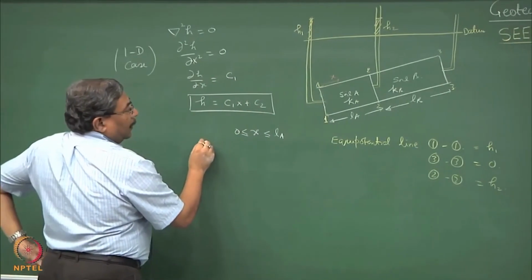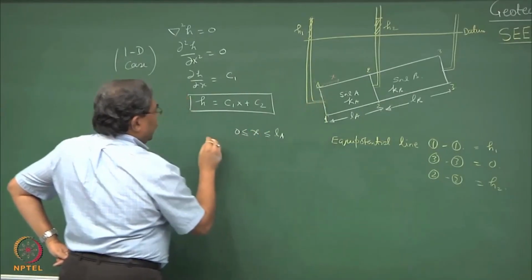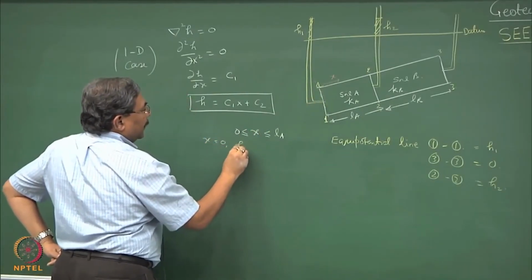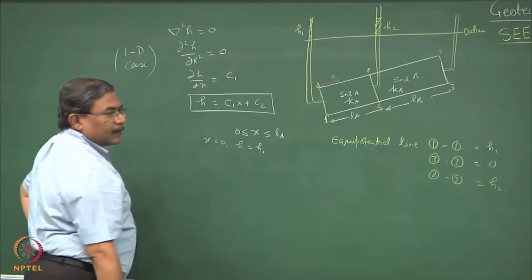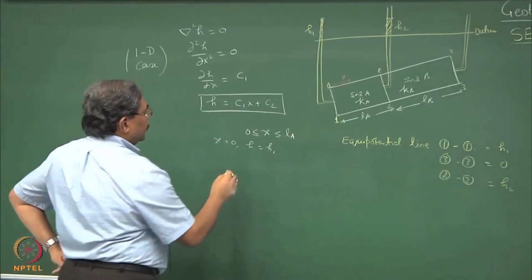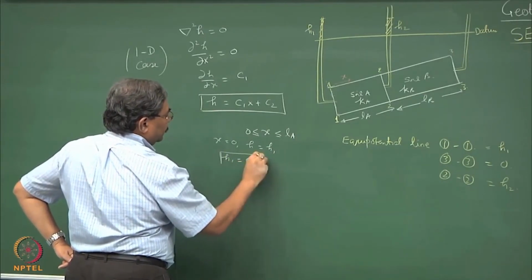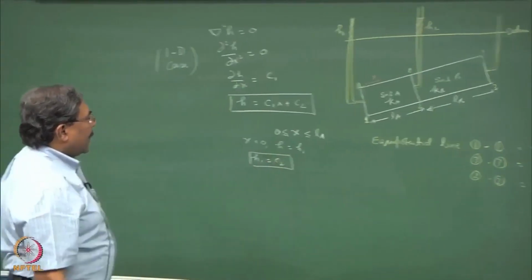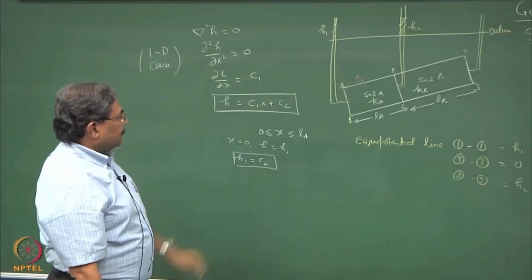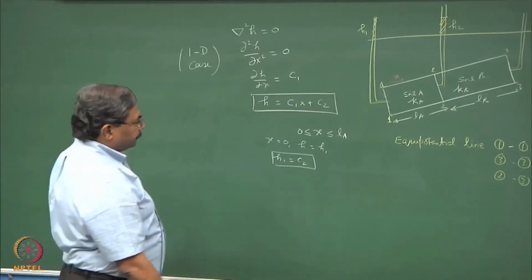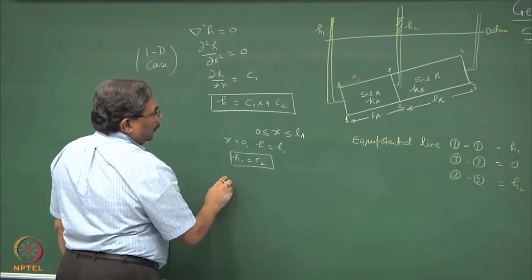Now, at this point at x equal to 0, H is equal to H1. All right. So, H1 equal to C2. Is this correct? Okay.